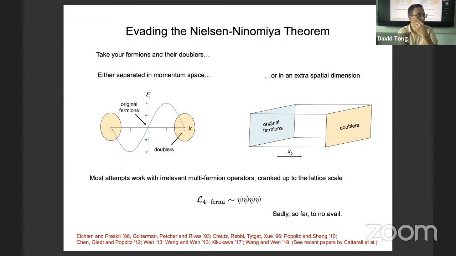I think the issue is the following. So firstly, what actually happens if you turn on this interaction? Well, either you find that these things get gapped and the symmetry was broken along with it, or you find that these are gapped, but also the original fermions are gapped. You just find phases that you would expect to find.